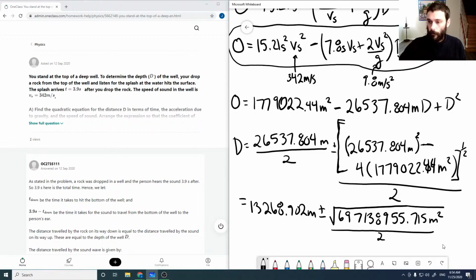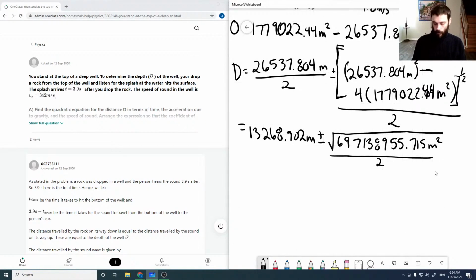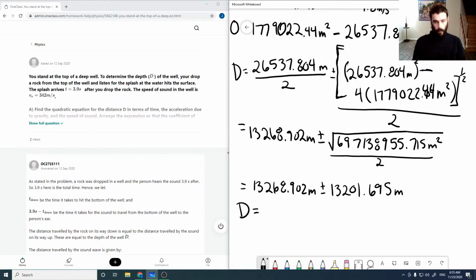Taking our square root and dividing by 2, we get 13,268.902 meters plus or minus 13,201.695, which means d is either 26,470.597 meters, or d is 67.207 meters.